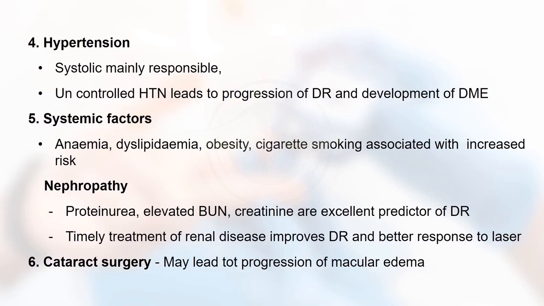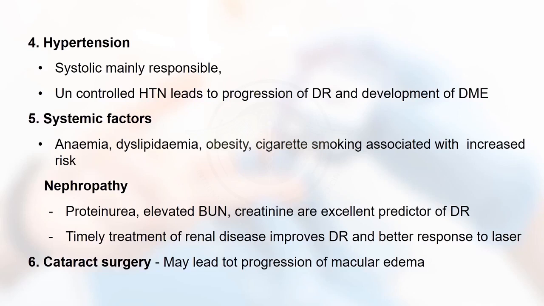Because of the proteinuria, there is elevated BUN and creatinine. They are excellent predictors of diabetic retinopathy. When a patient is suffering from diabetic nephropathy, then one must see if he is suffering from diabetic retinopathy. That is, it's mandatory to examine by an ophthalmologist to exclude diabetic retinopathy.